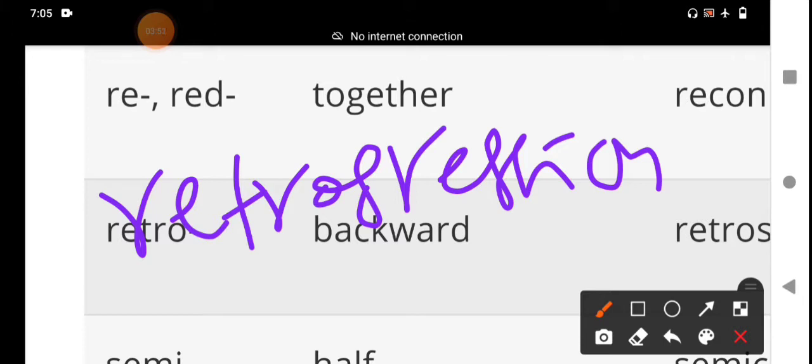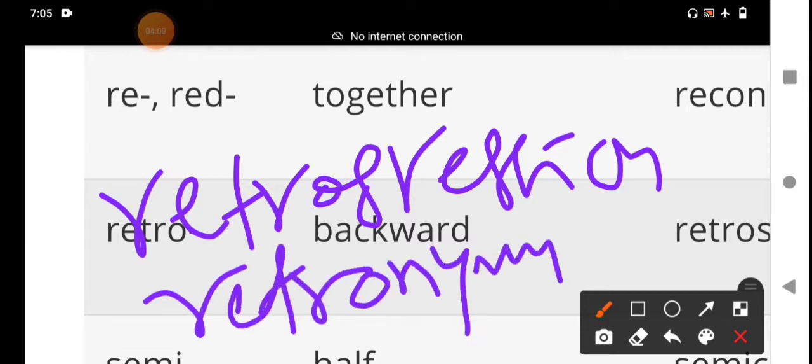For example, in language, so many words or phrases are there. Retronym, like antonym, synonym. What is the meaning of retronym? A new word or phrase created for an old object or concept.